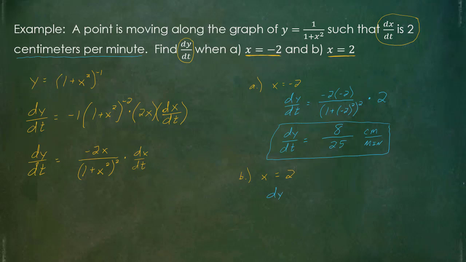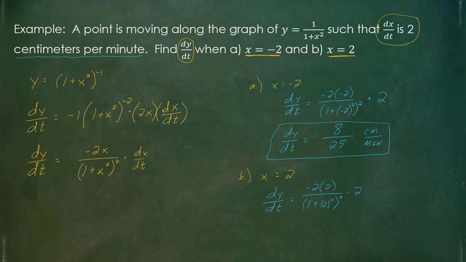So dy over dt would be equivalent to -2 times now +2 over 1 plus 2 squared, quantity squared, then times dx dt, which again is another 2.